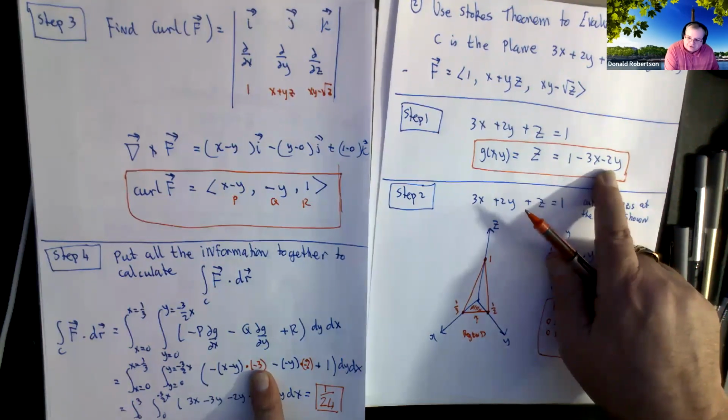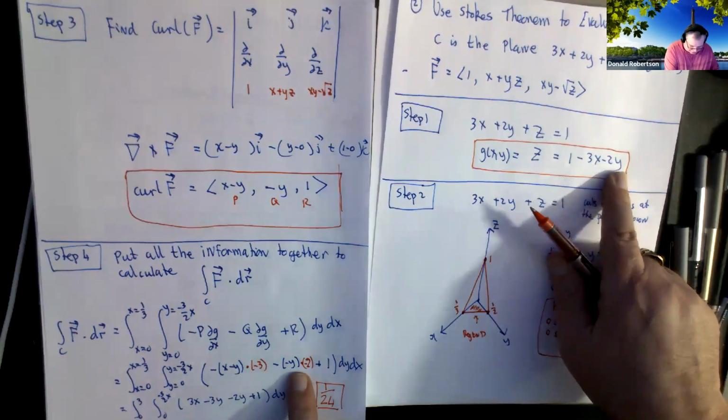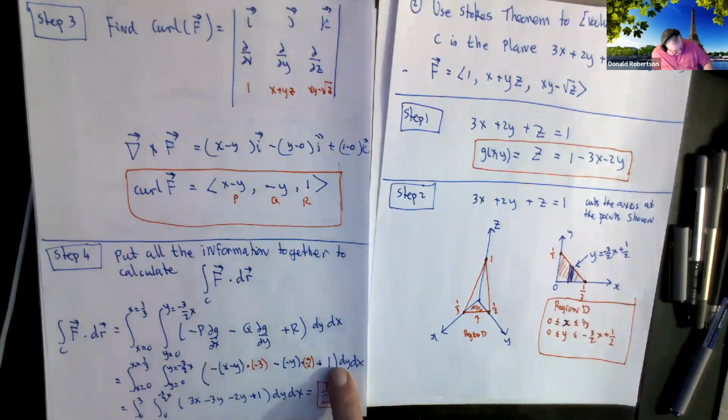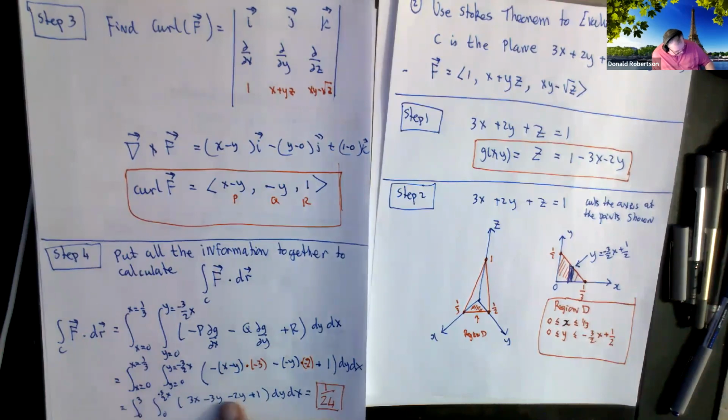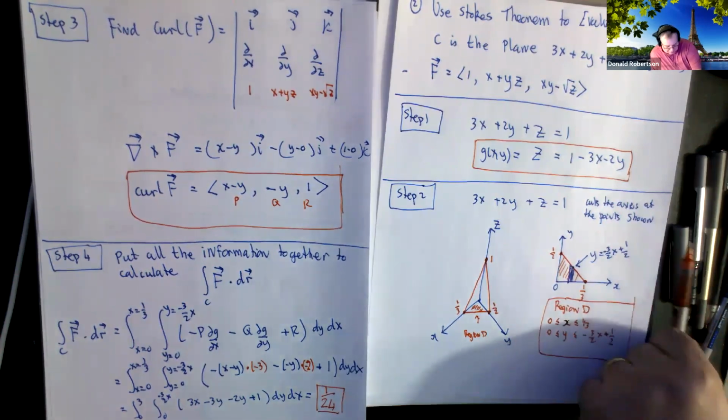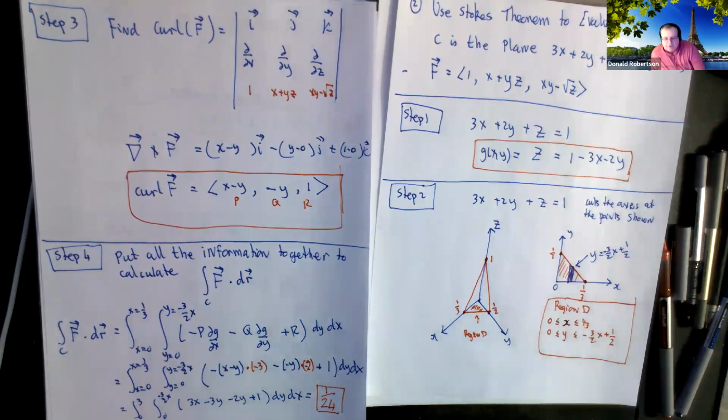And that guy gets you just -3. This guy gets you -2. And R is just 1. And if you multiply this all out and collect some terms, you probably could do a little bit more detail on that. Here is a pretty straightforward double integral, and the answer would be 1/24th when you're finished.